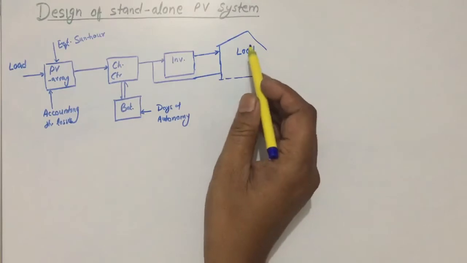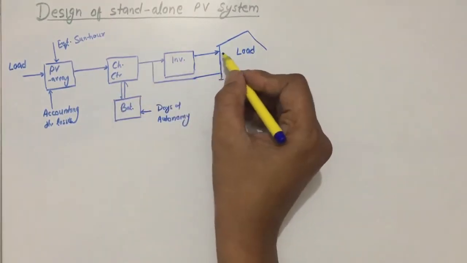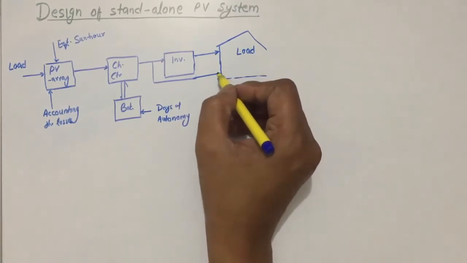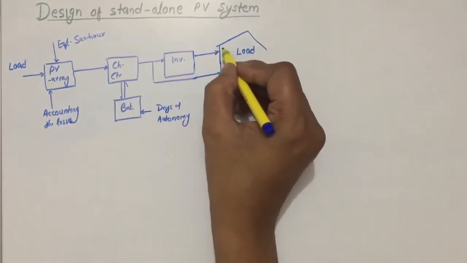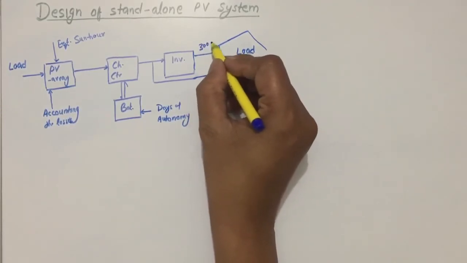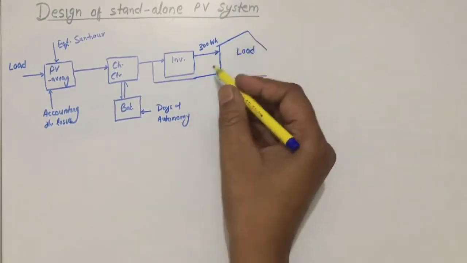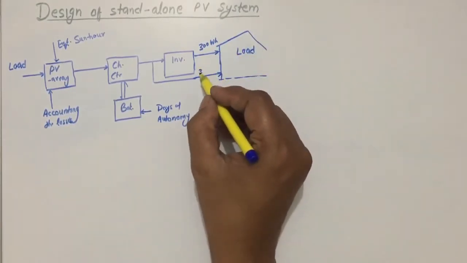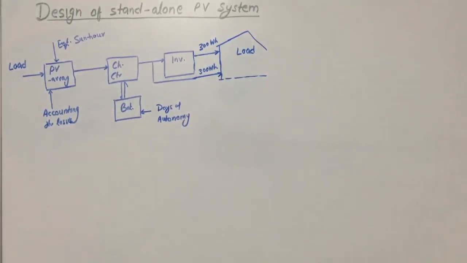If the load connected to the system is part AC and part DC, assume there is 300 watt hour energy required for AC and 300 watt hour for DC load.